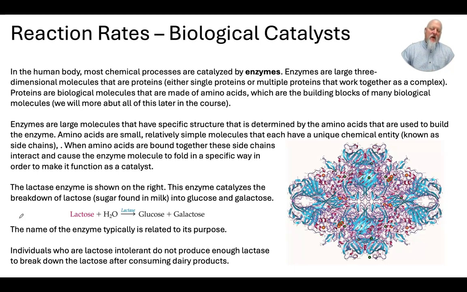In biological systems, the typical catalysts are enzymes. And enzymes are these large molecules which are proteins, either a single protein or a collection of proteins that assist in the reaction. Again, catalysts, enzymes, they're not consumed in the reaction. So an enzyme can catalyze reaction after reaction after reaction. Okay.